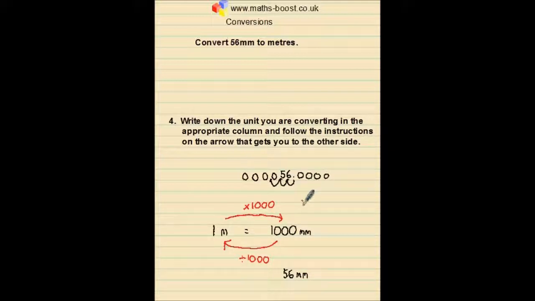However, it will be obvious when you write your final answer down if you've gone the wrong way, as long as you've got an estimate in your mind of what the answer should be. And so here we have our answer.